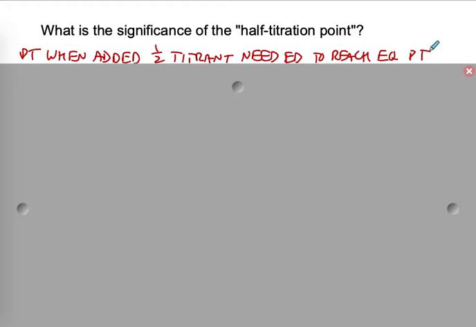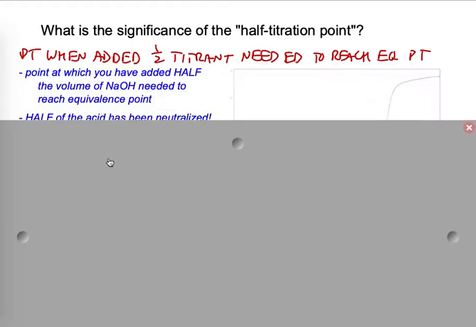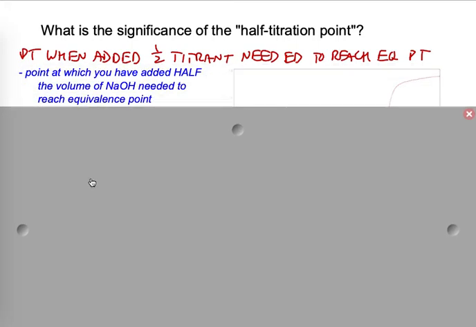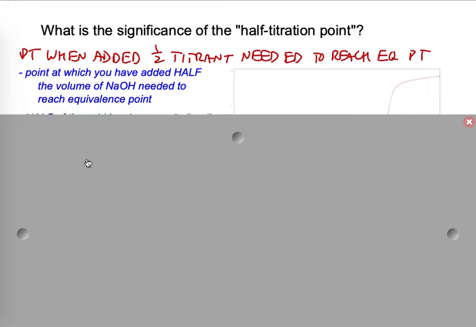Meaning whatever you're starting with, whatever the analyte is you're beginning with, you have reacted exactly half of it. Okay? Well, that is defined as the point at which you've added half the volume of sodium hydroxide needed to reach the equivalence point.